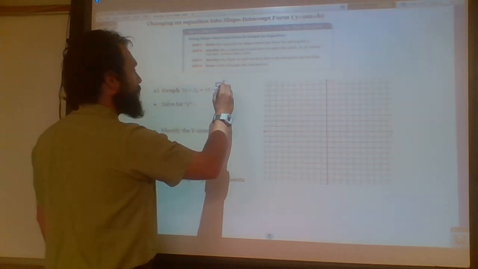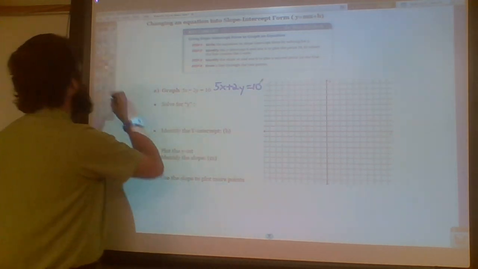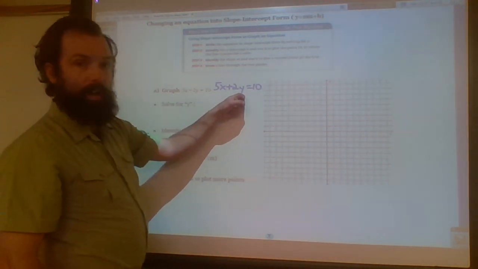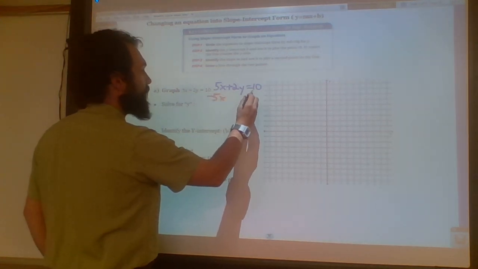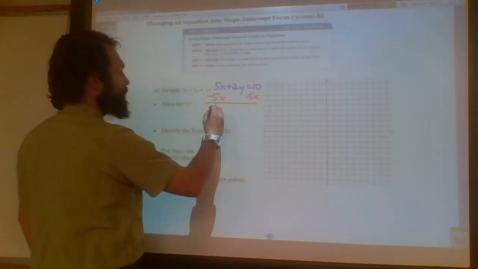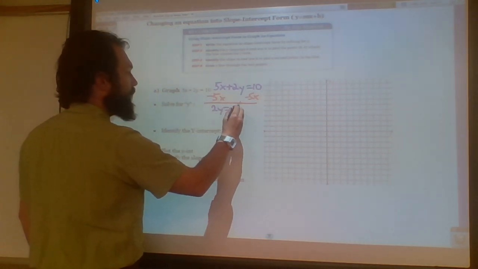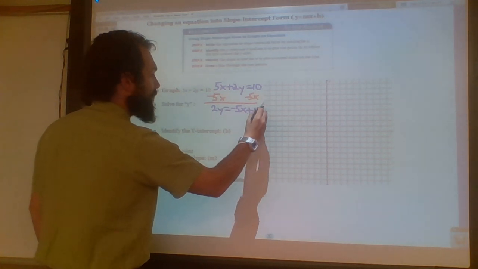So if I rewrite my equation, I have to get y by itself. So I'm going to subtract 5x from both sides. 2y equals a negative 5x plus 10.